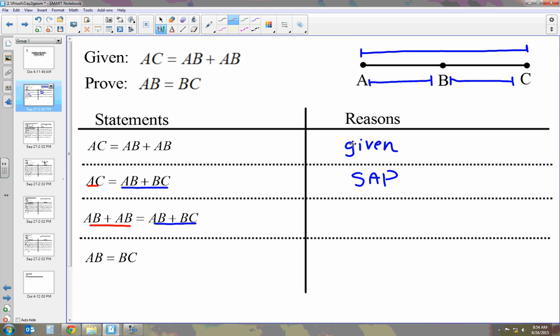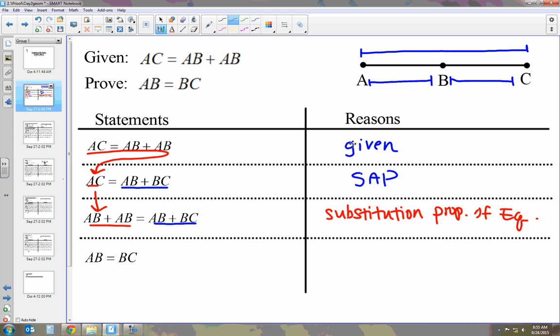And if I look at the line above it, AC equals AB plus AB, so I can substitute in the AC for AB plus AB, so that is substitution property of equality.